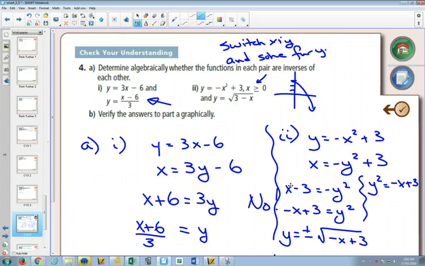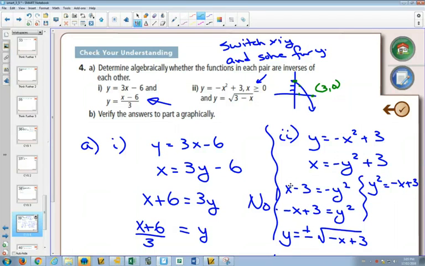We're supposed to do this algebraically, but if you have a graph off to the side, it can be very helpful. What's going to happen to each of these points? Well, (0, 3) is going to go to (3, 0). And somewhere along here, we have some other points. It looks like we have (1, 2).